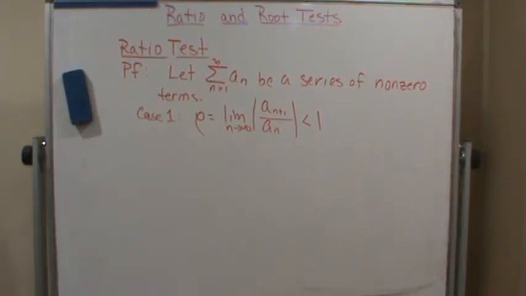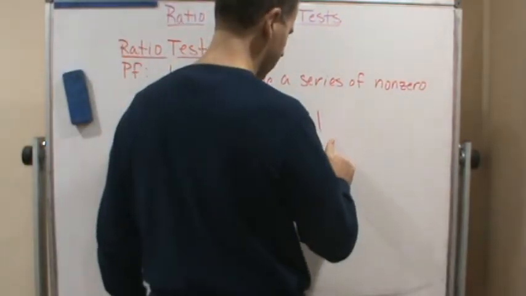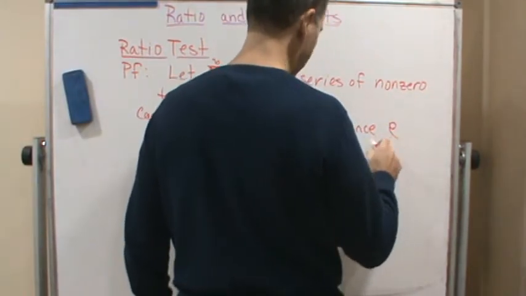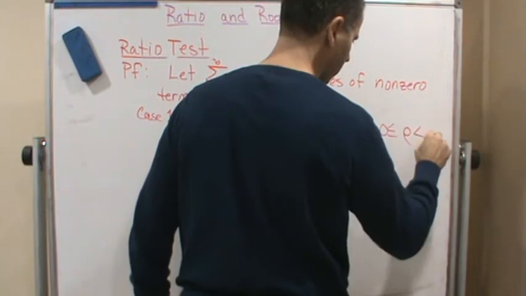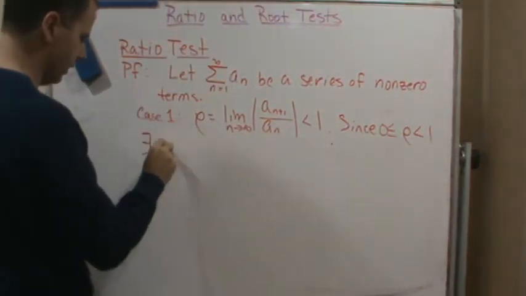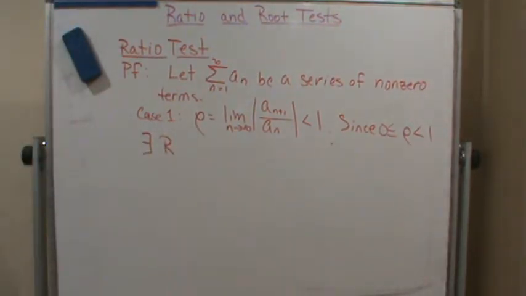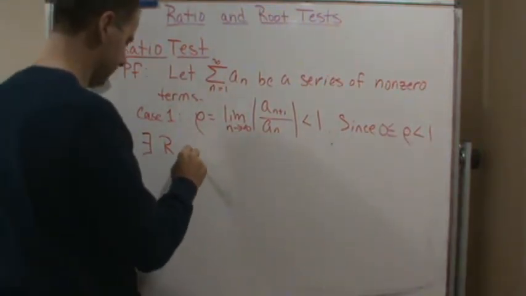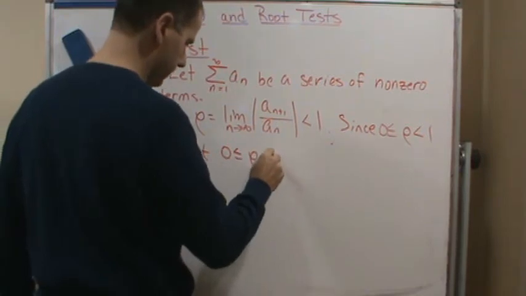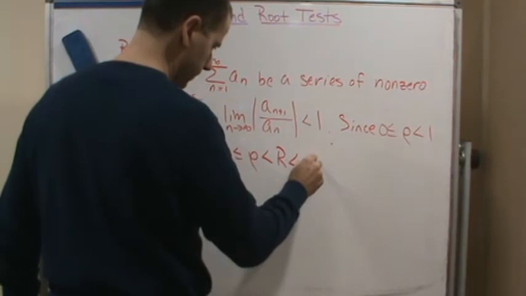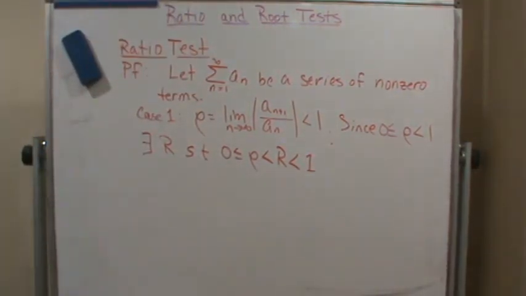And since rho is between 0 and 1, there exists a real number r such that rho is less than r, which is also less than 1.